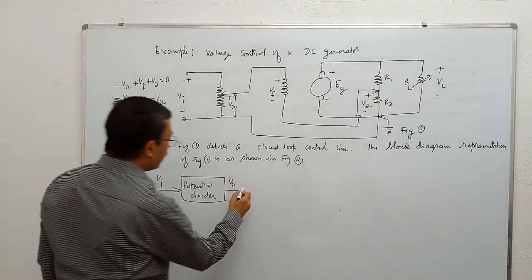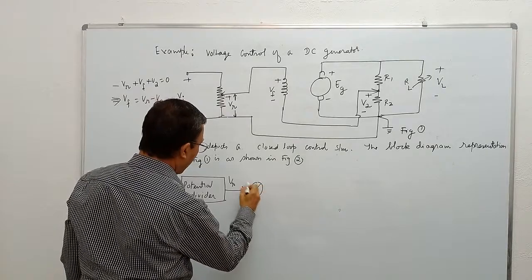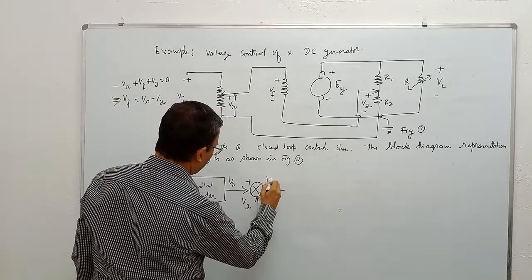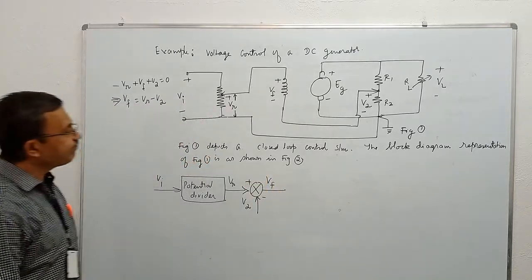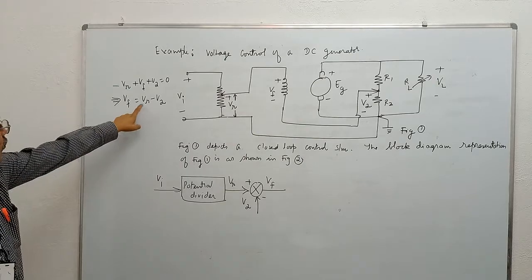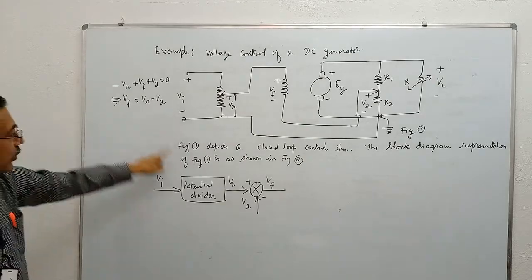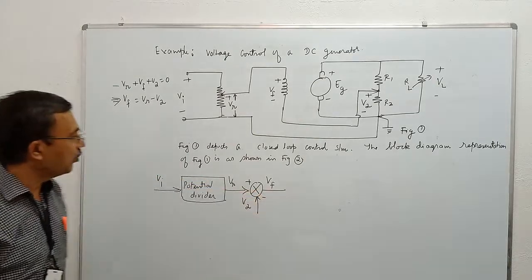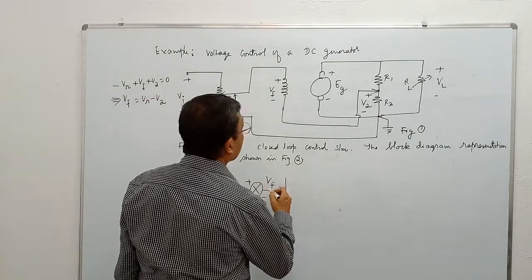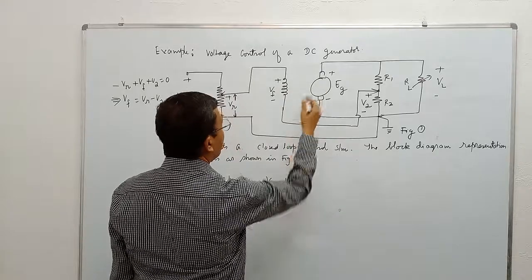So from Vr, if you subtract V2, you are going to get Vf. Look at this equation. Vr minus V2 is equal to Vf. Vf is converted into Eg by this generator.